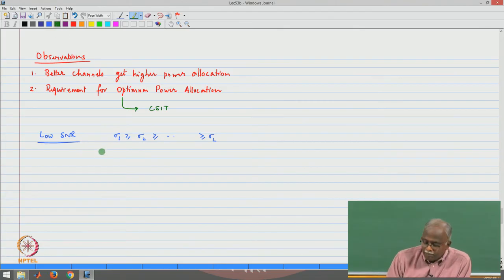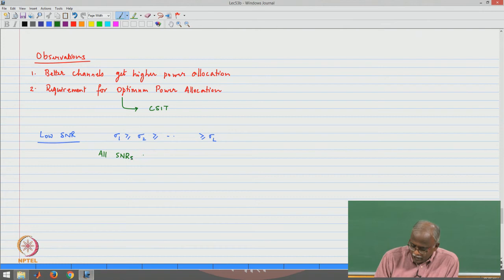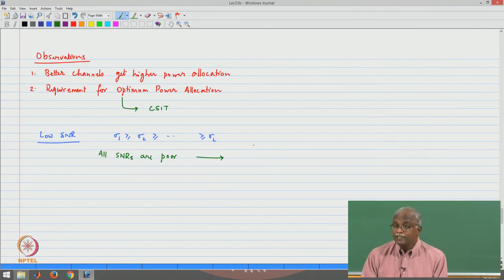So, the best channel allocation when all of them are poor, so basically all SNRs are poor. Under this condition, we find that the best channel allocation is the best eigen channel transmission.